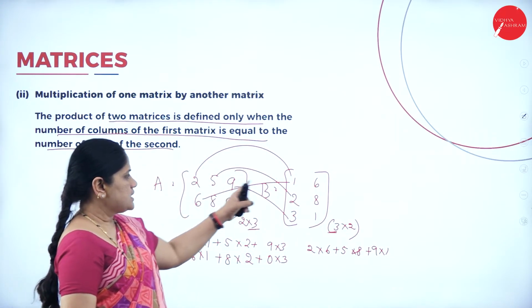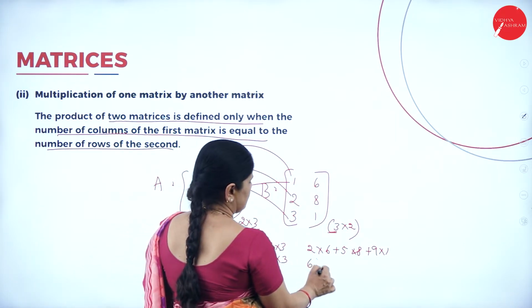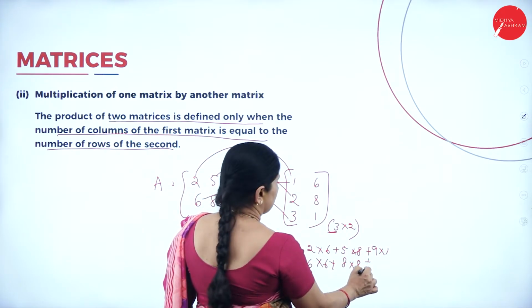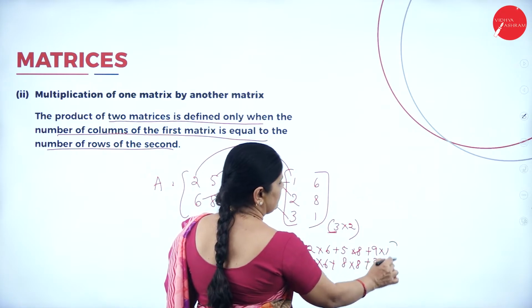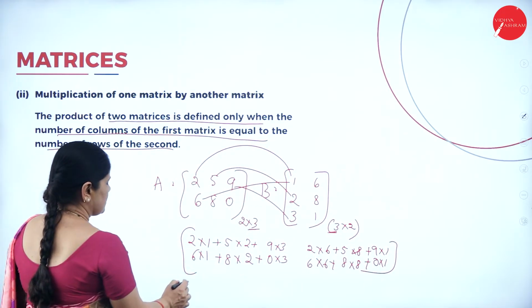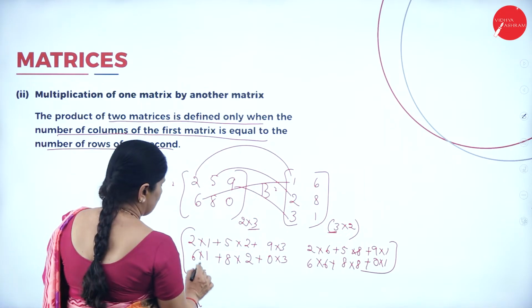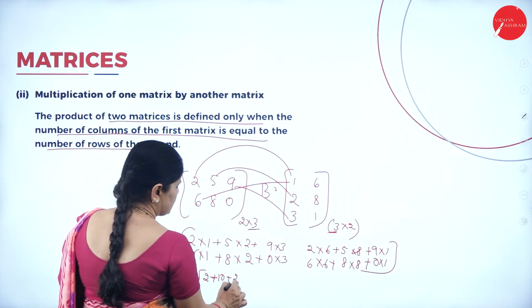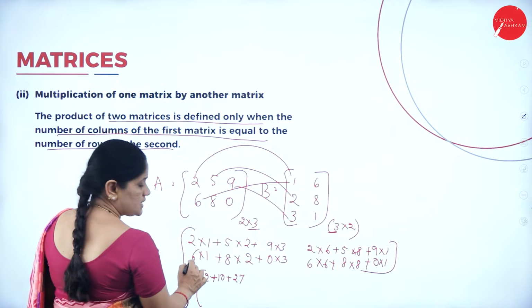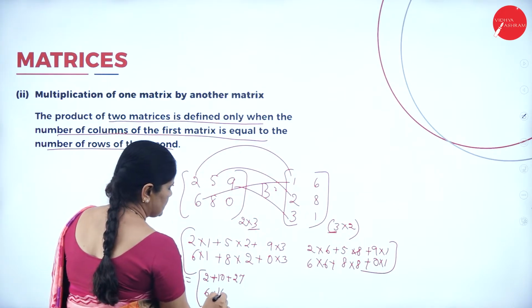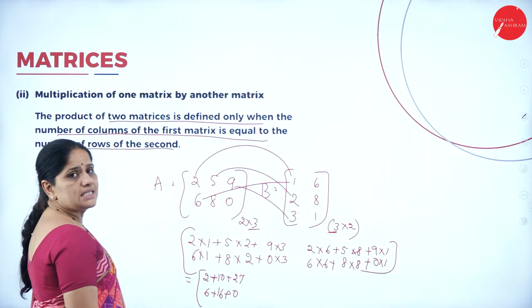Now again 6 into 6 plus 8 into 8 plus 0 into 1. Now we simplify these numbers. So I get 2 into 1 is 2, plus 5 2s are 10, plus 3 9s are 27. 6 1s are 6, plus 8 2s are 16, plus 0.